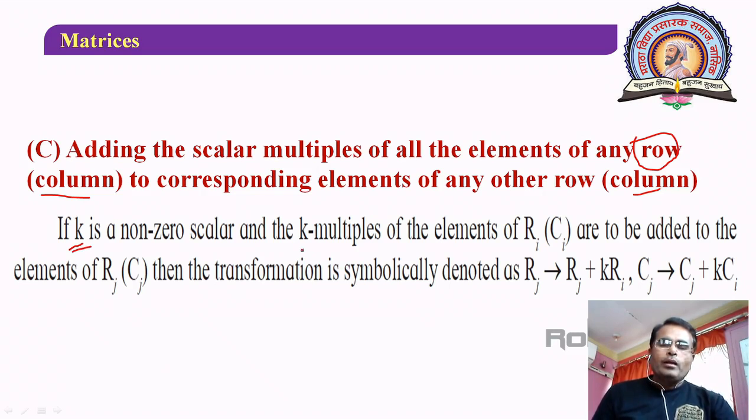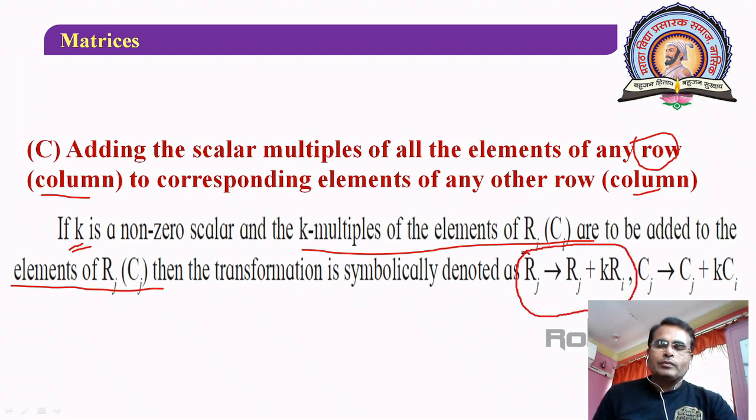Then the k multiples of elements of Ri or column Ci are to be added to the elements of Rj or Cj. Then the transformation is denoted by Rj goes to Rj plus k times Ri, or Cj goes to Cj plus k times Ci.